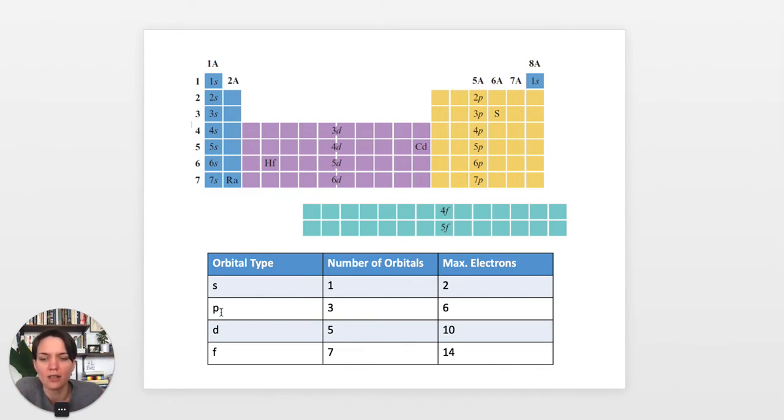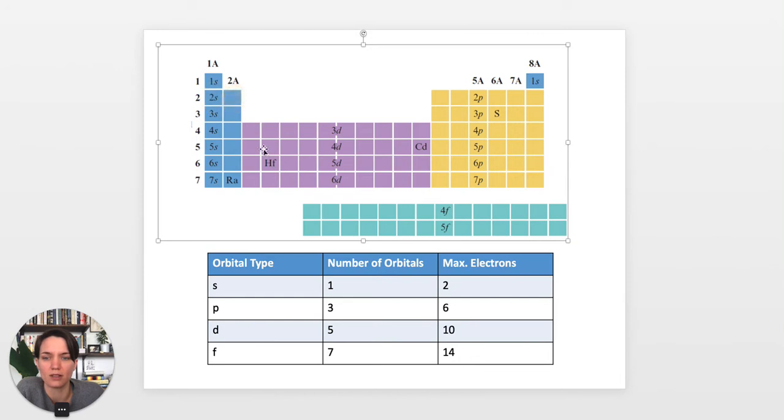That's just a sphere. p has 3, it's those lobes. d gets a little crazier, f gets even crazier. And each one of those lobes, suborbitals, excuse me, can house 2 electrons representing that positive 1 half spin and negative 1 half spin. So it means that an s orbital can hold 2, a p orbital can hold 6, a d orbital can hold 10, and an f can hold 14.